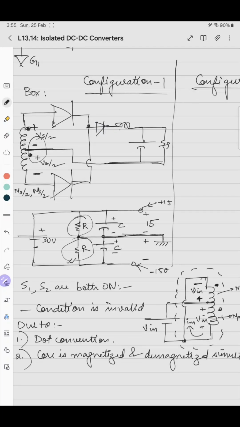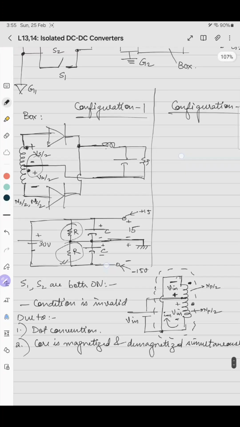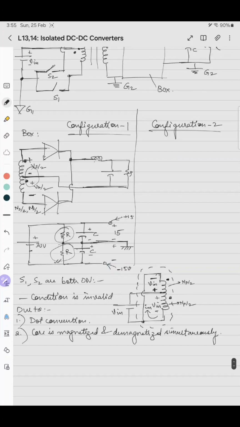But if you directly short circuit the secondary winding, with a diode just before the inductance and the two end leads of the secondary winding shorted, it results in a short circuit of the secondary winding. So it's better if we split the diode into two halves and put one in each of the paths, and then you short circuit it and connect it to the source. So this is the configuration where the secondary itself is a center tap.